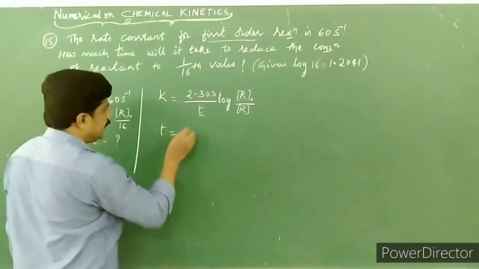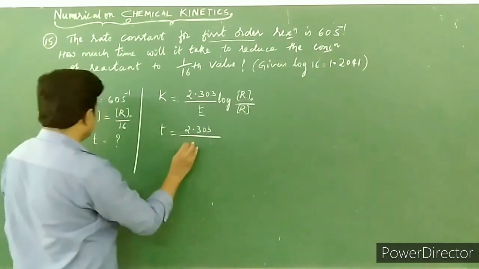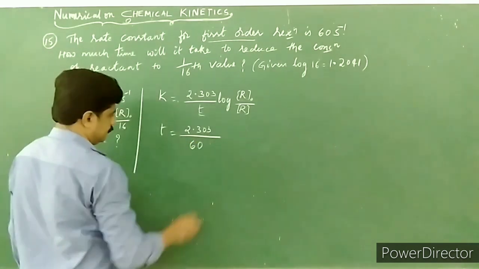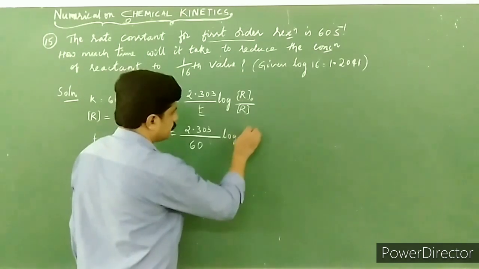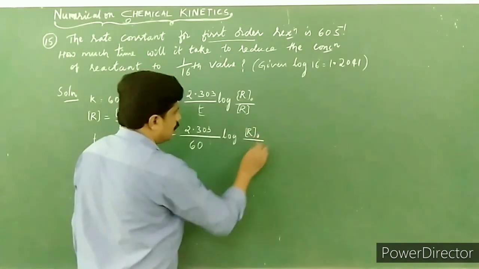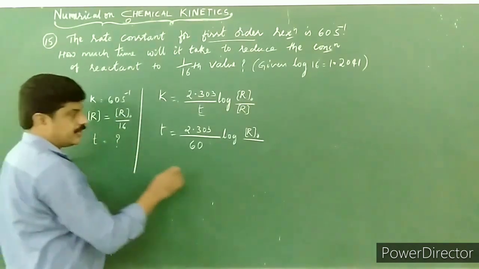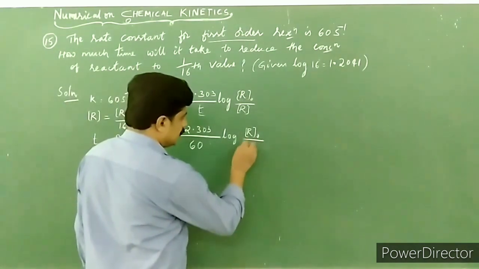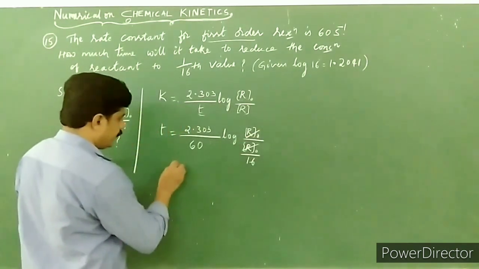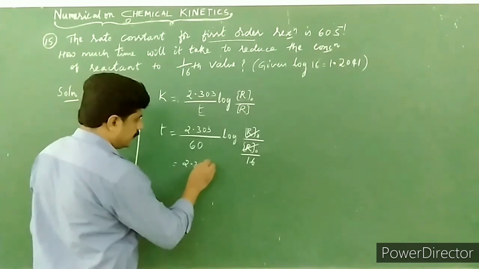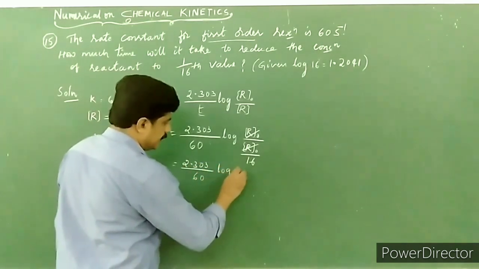What am I supposed to find out? Time. So T is equal to 2.303 upon K. The K value is 60 per second, into log of R naught upon R. R is equal to R naught upon 16. I'll cancel this. Look here: 2.303 upon 60 into log of 16.